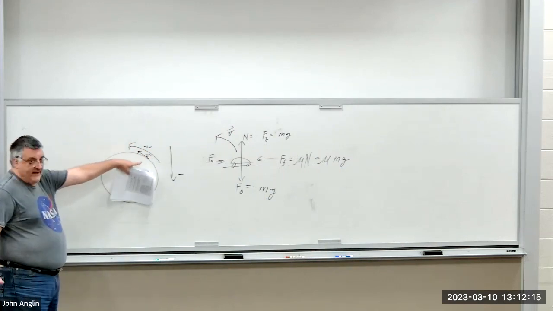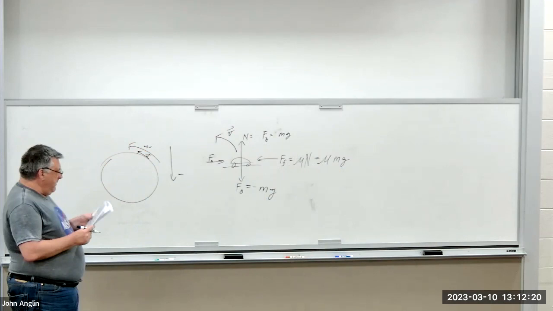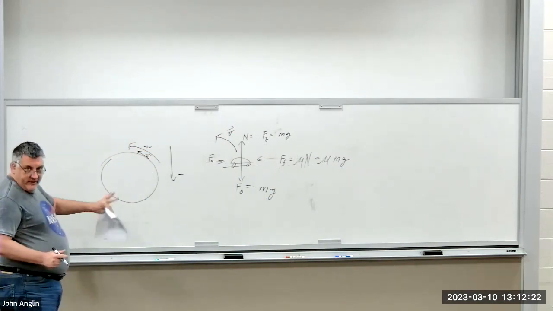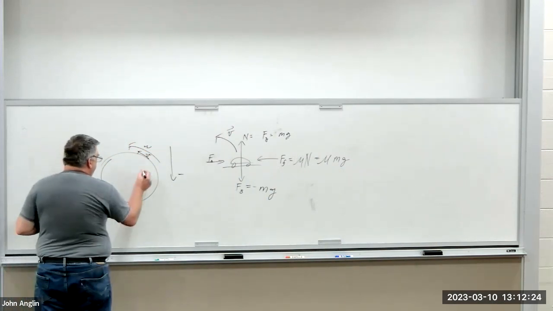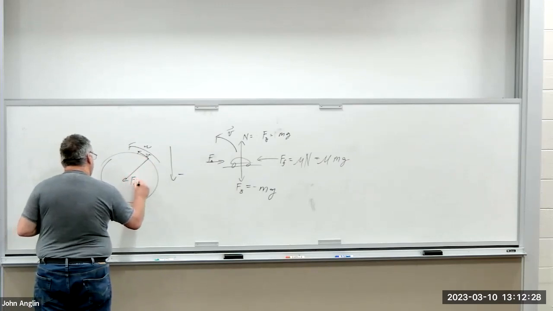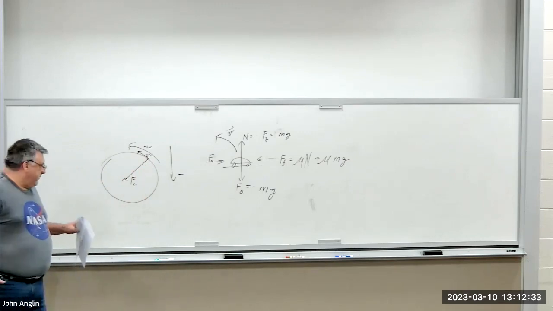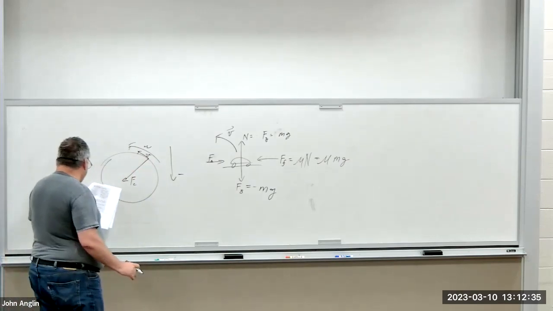So we are trying to find out ultimately what this velocity can be. Well, since we're moving in a circle, we know that we're going to have a centrifugal force.